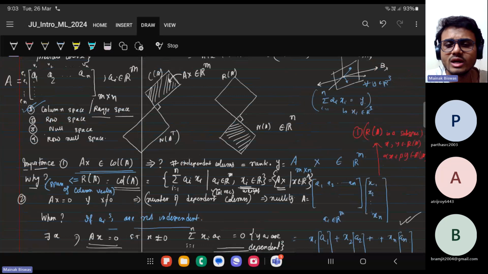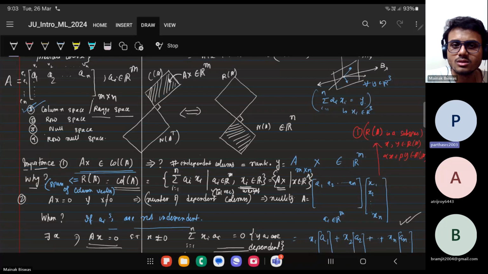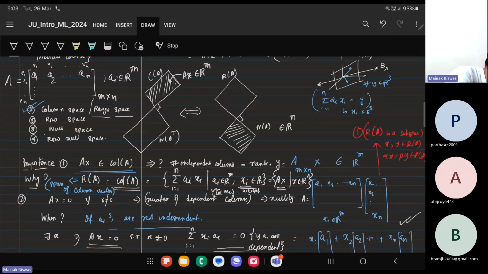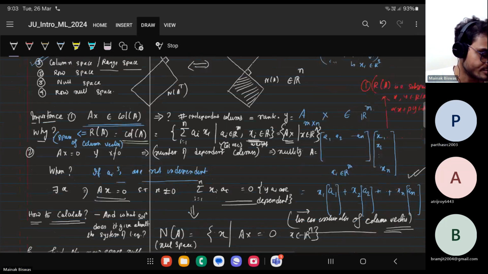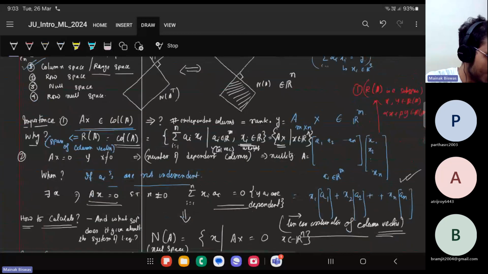The column space is in R^m, but the null space is in R^n. How can they be in the same space? Only in square matrices can that ever happen. They are independent pictures. That's why I drew them differently. I'll show you why I drew this picture, and then it will become clear.